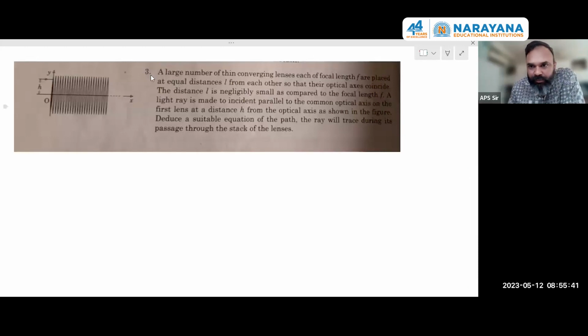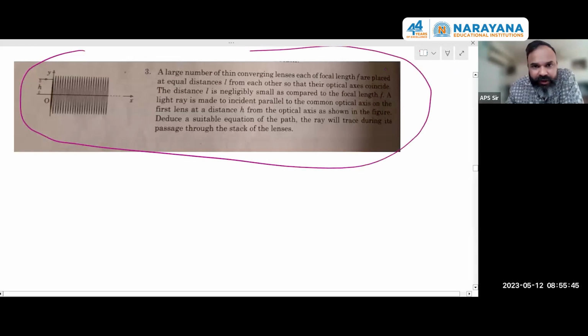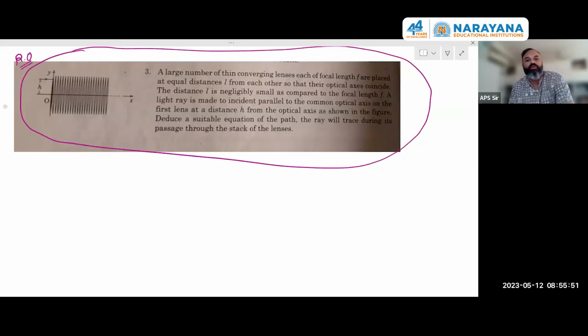This is very interestingly put up in this question. If you read this problem carefully, the combination is very nicely put up from ray optics. Let me explain what he's trying to do here. He's saying that there are a large number of thin converging lenses, placed back to back.